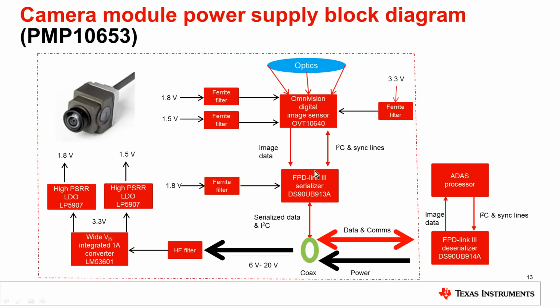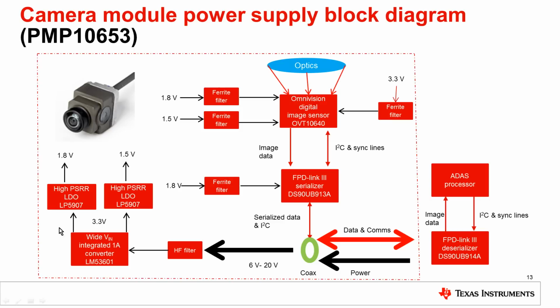Now this CMOS sensor will generate 12-bit parallel data. Now we need to serialize this 12-bit parallel data. TI's best-in-class DS90UB913 serializer was used, which serializes the parallel data from the image sensor and dumps it on the power line. Also, there is an isolation between the power and the signal line using this high frequency filter, which is referred to as the power over coax filter.